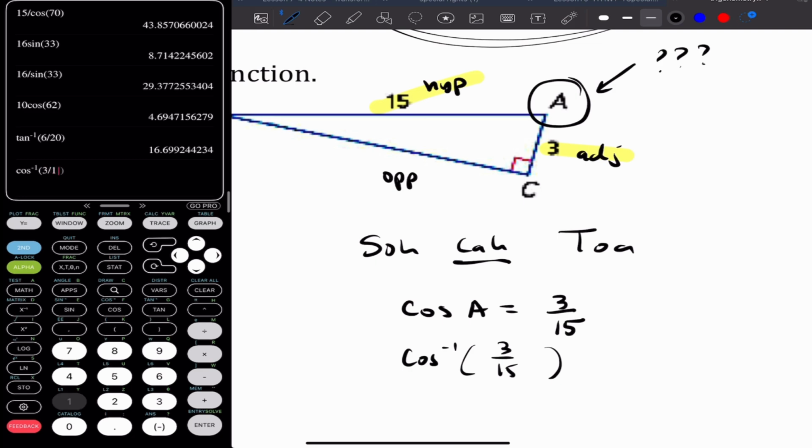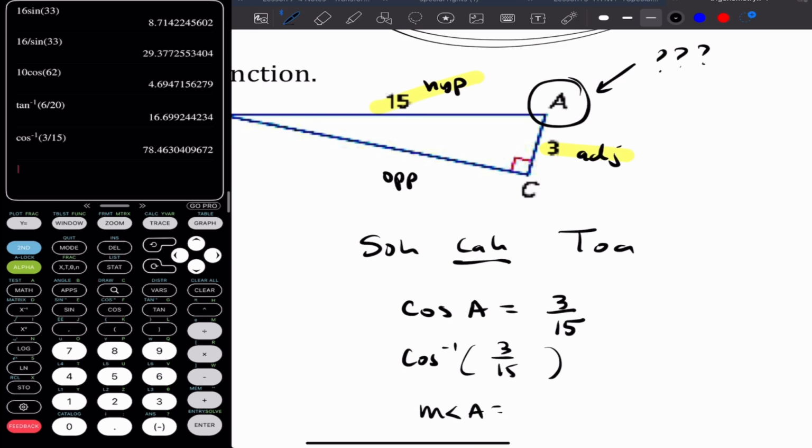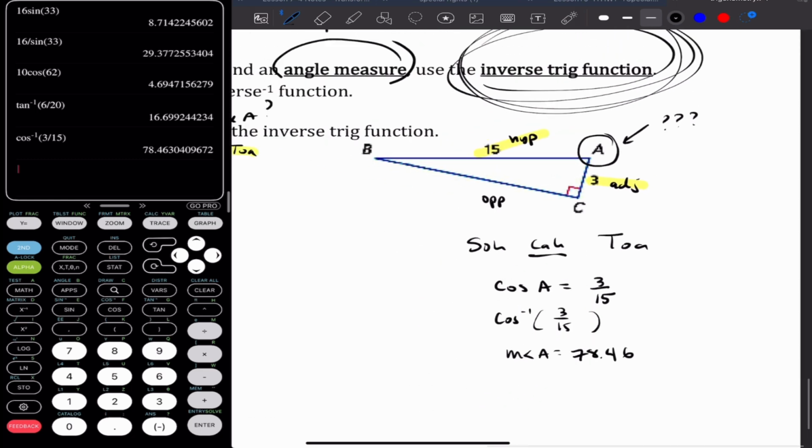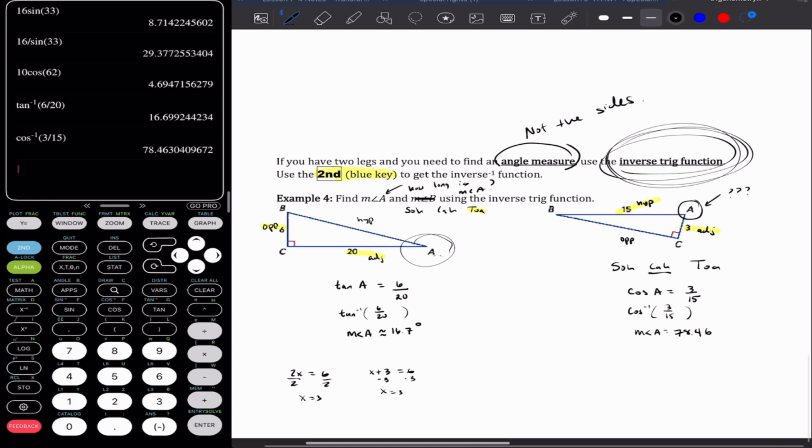So 3 divided by 15, right? Hit enter. So the measure angle A is how many degrees? 78.46 degrees. Or you can say 78.5. It just depends on what you're supposed to round, okay? So there you go. Trigonometry.